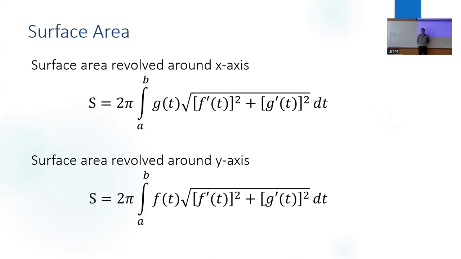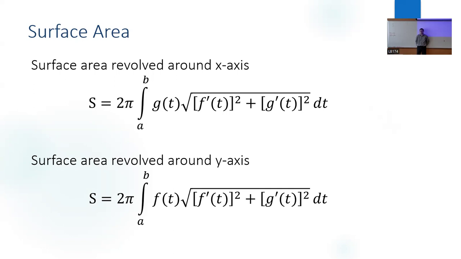And for sake of ease, we're just going to either rotate around the x-axis or the y-axis. If I needed to rotate around a different horizontal line other than the x-axis, you could adjust it fairly easily. If you wanted to rotate around a different vertical line other than the y-axis, you could adjust that really easily as well.